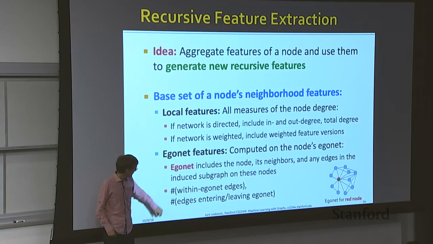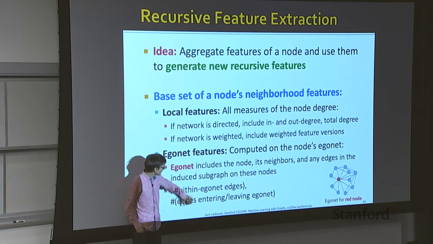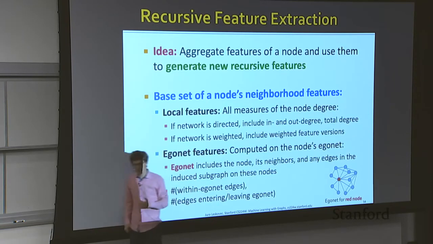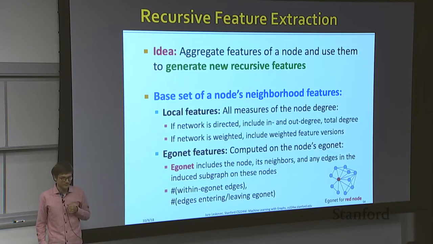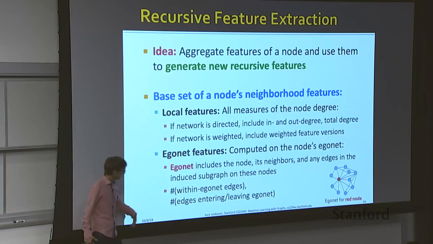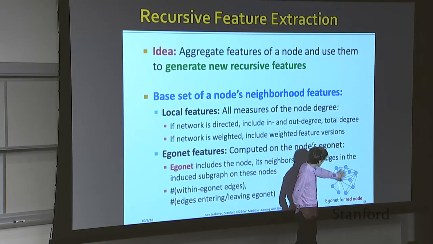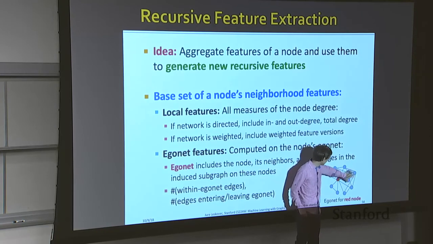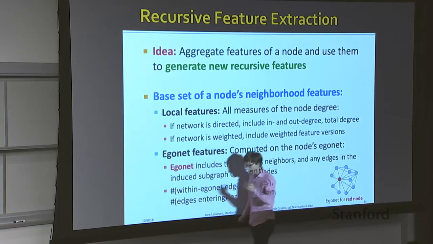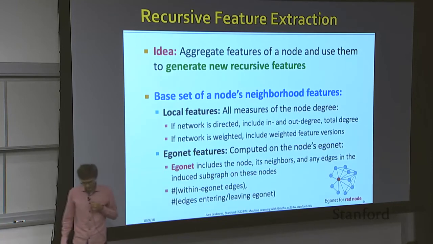I can also say how many edges are entering the ego network, how many edges are leaving the ego network, and so on and so forth. So now what I have described is the node, its degree, and then the structure of this ego network, which is basically the network one hop away from the node.